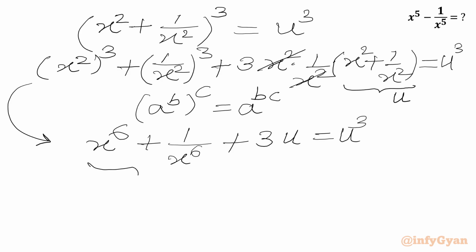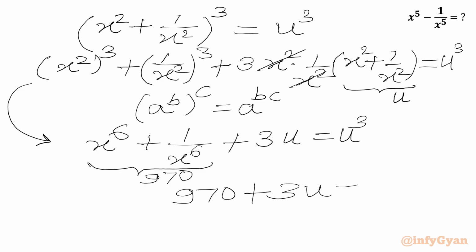Now this is known to us, it is 970. So I can write 970 plus 3u equal to u cube.